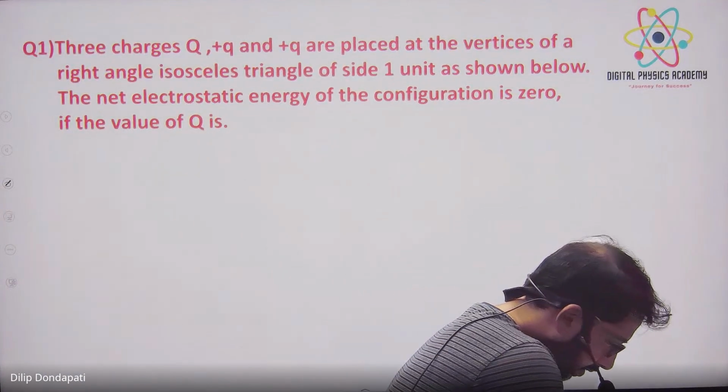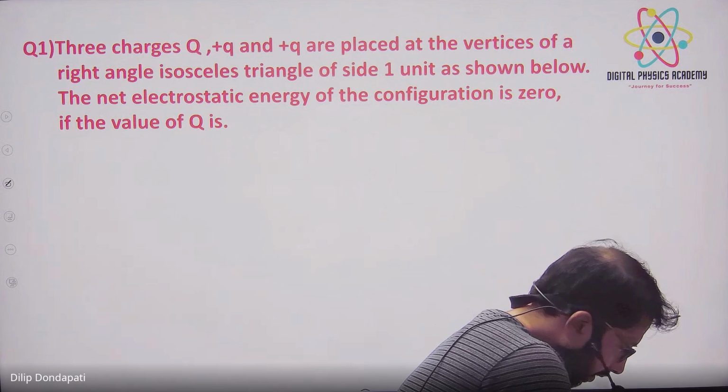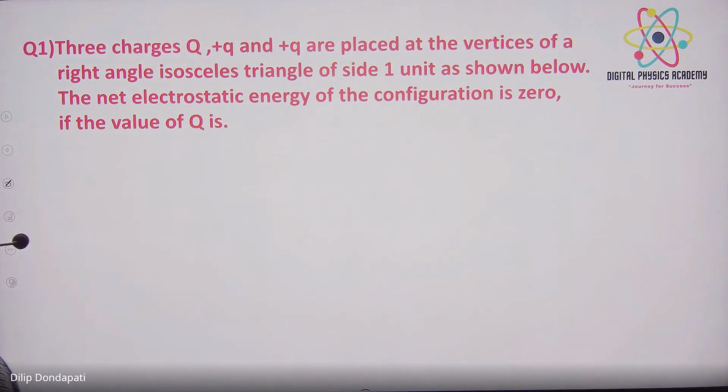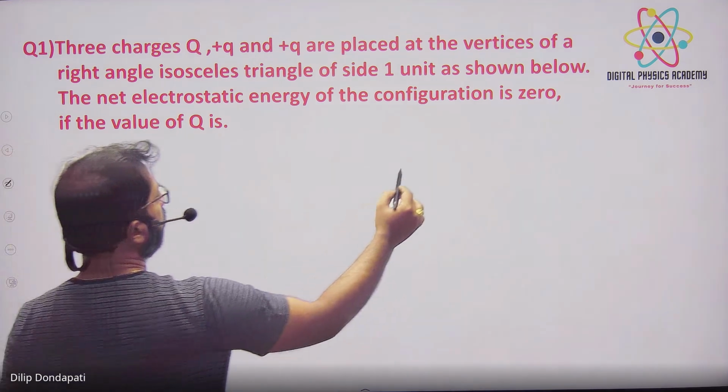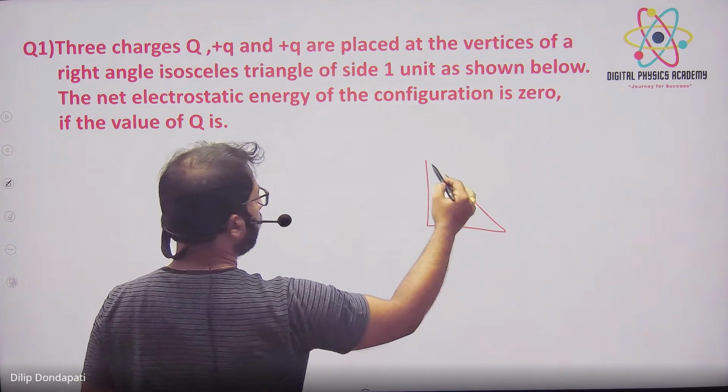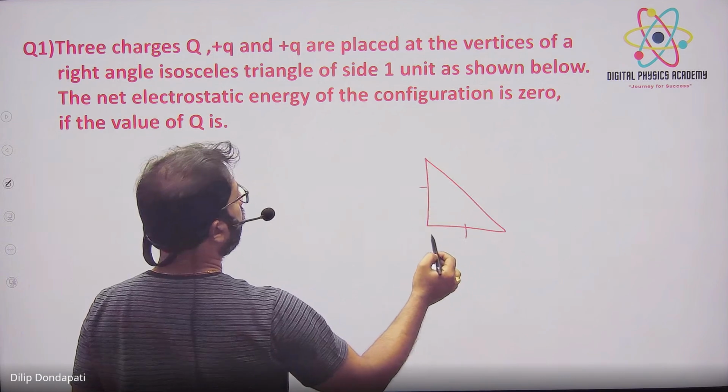Last question. Three charges are placed at the vertices of a right angle isosceles triangle, side 1 unit.